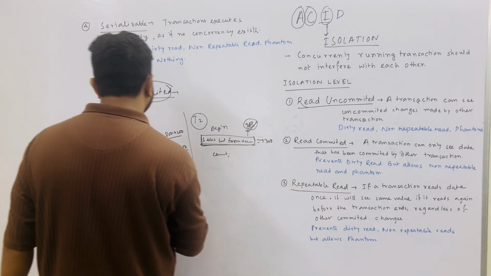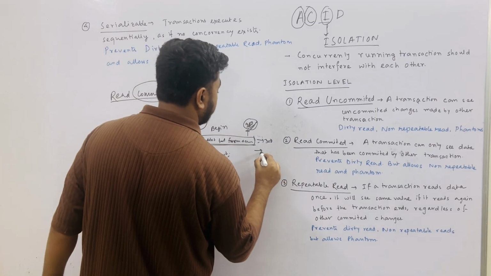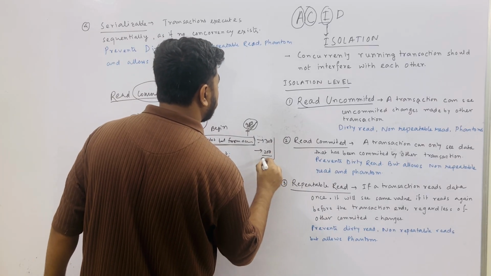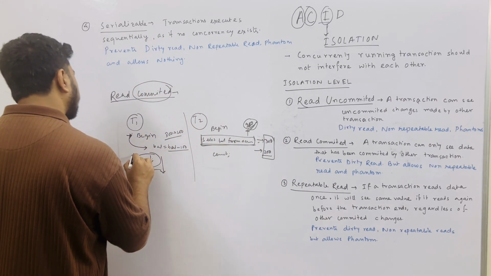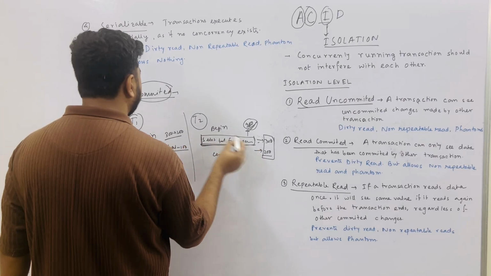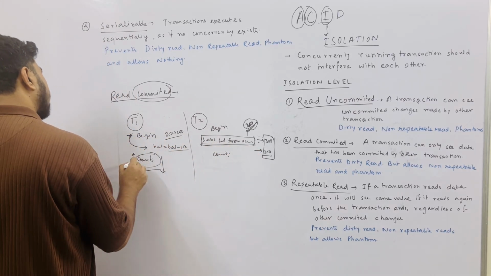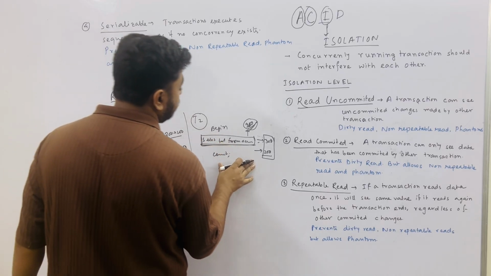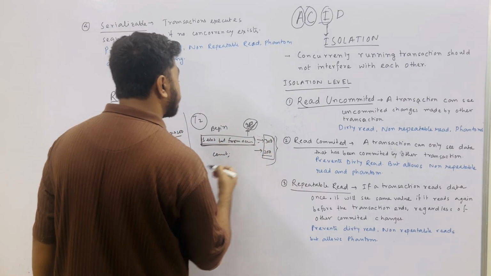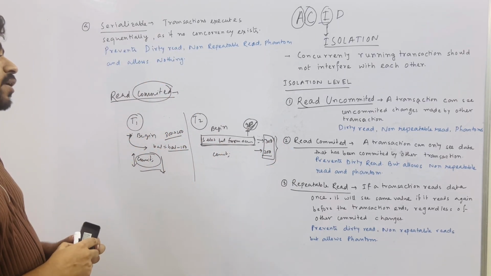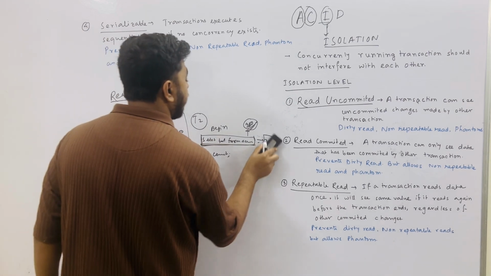After the other transaction committed, it fetches again and the value will be 200. So it prevents dirty reads, because before the commit happens it cannot read uncommitted records, but after the commit happens it can read committed records. So two separate values can come, which means it will not be able to prevent non-repeatable reads and phantoms.